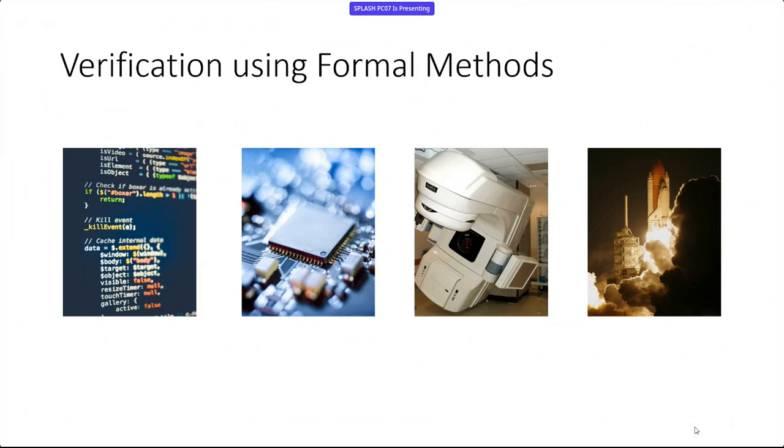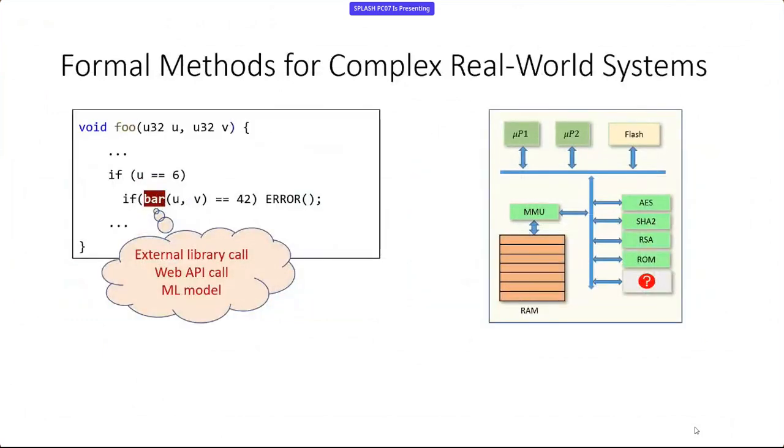But there are certain real world applications where these techniques can't be used directly, such as model checking or symbolic execution based techniques, because your programs may have some components that are very hard to model, or you may not have the definition of it, but you can always execute it.